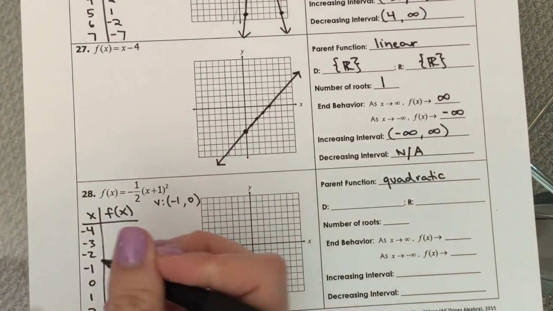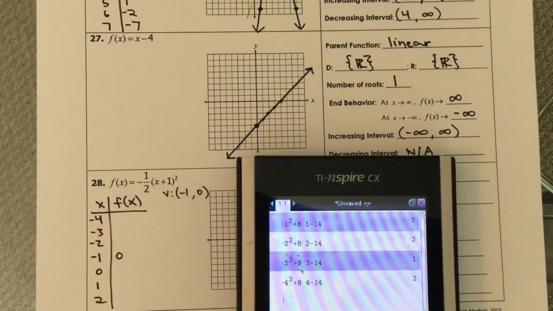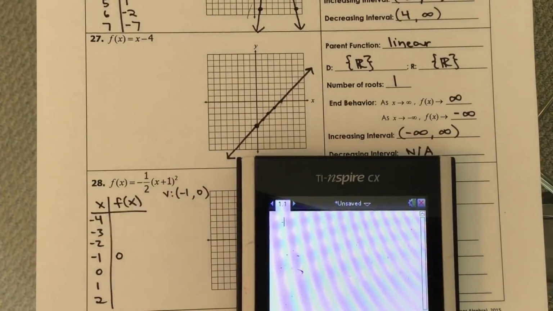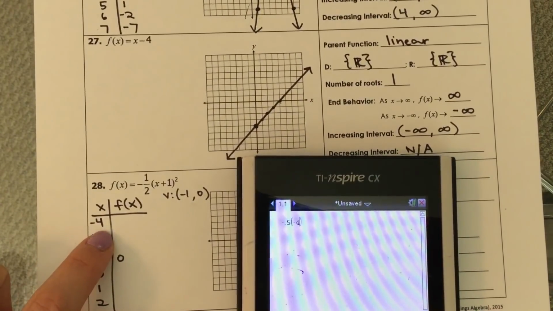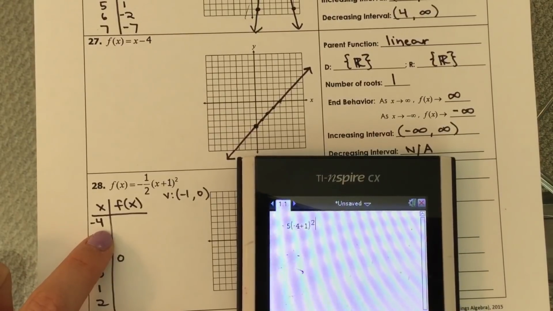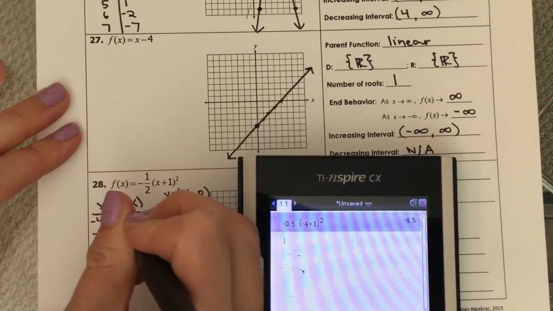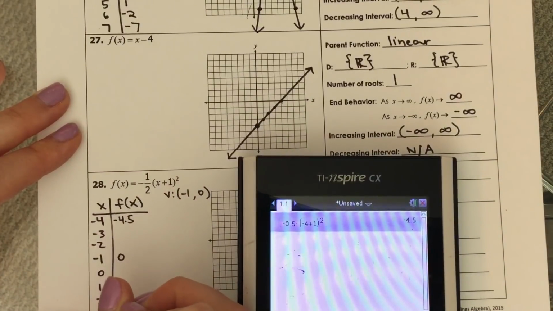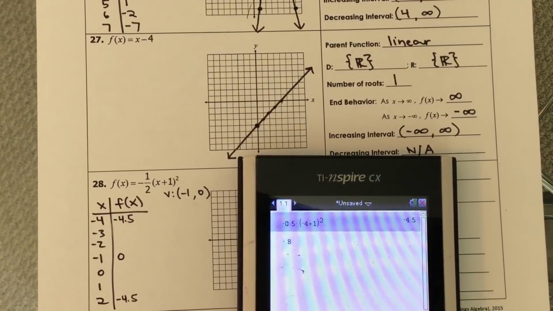All right, so we know this value is 0. We can plug in these 3 values and then mirror them. So -1/2, I'm going to use -0.5 and then times -4 plus 1 squared. So this is -4.5, which we can mirror. Next value is a -3, so -0.5 out front.